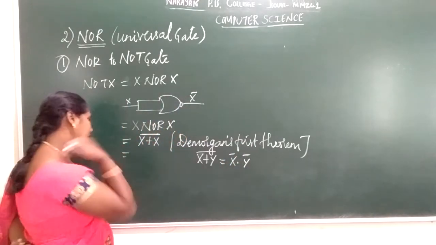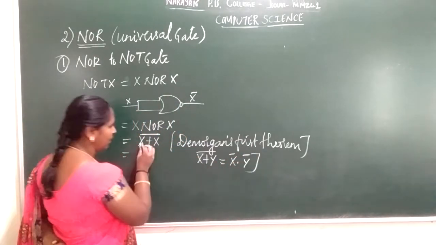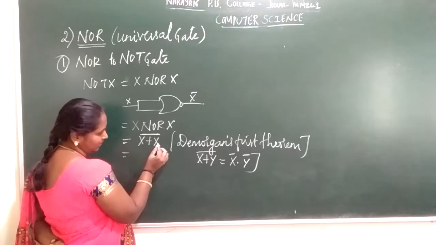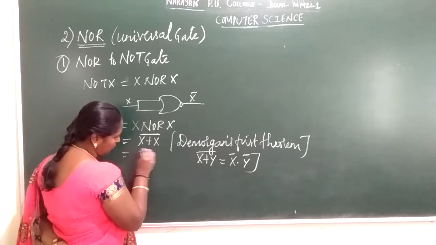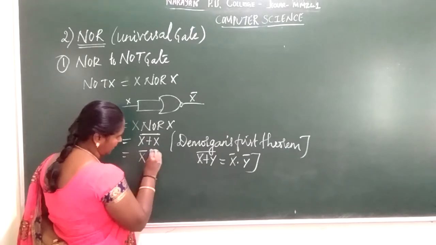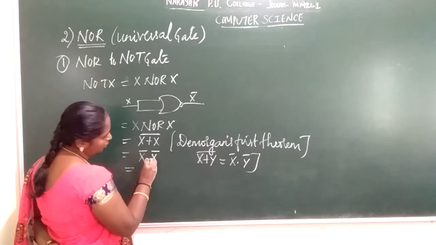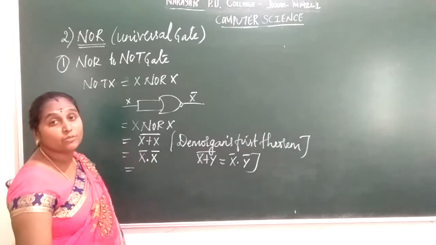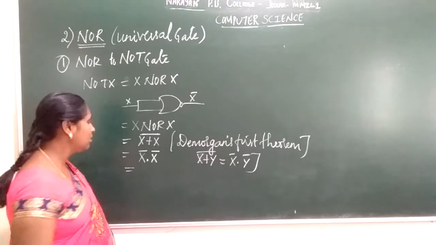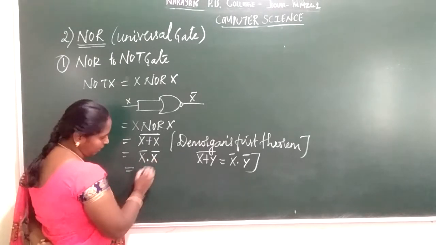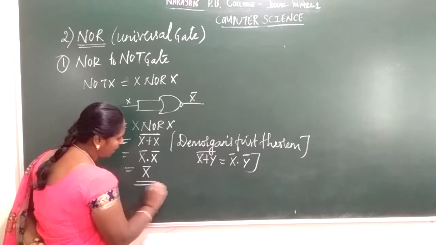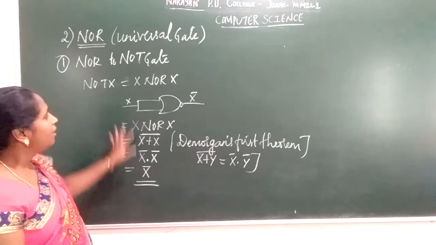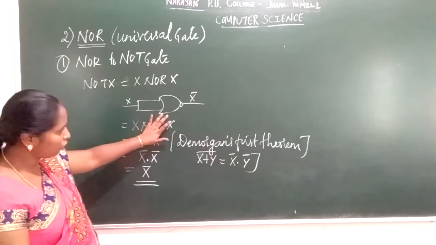Here again I am applying the rule. So x into x, according to the idempotence law: anything combined with itself using an AND operation or OR operation, the result will be the same variable. So x bar. So I proved the result with the help of the NOR gate.